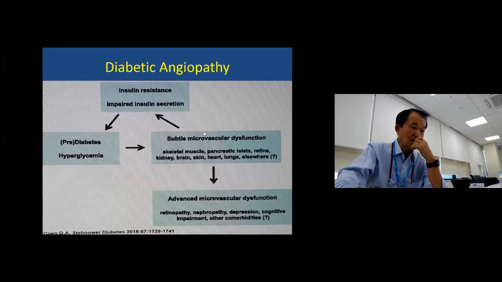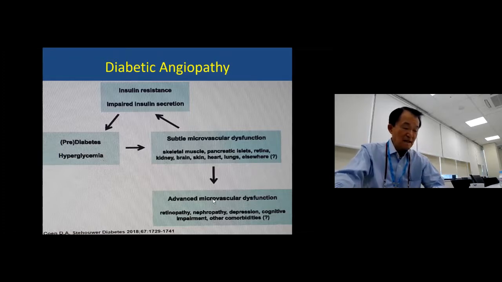So it's sort of cyclic. If there's a microvascular dysfunction, it can make impaired insulin secretion and then make diabetes. If diabetes, then this microvascular dysfunction follows. So this is cycling.